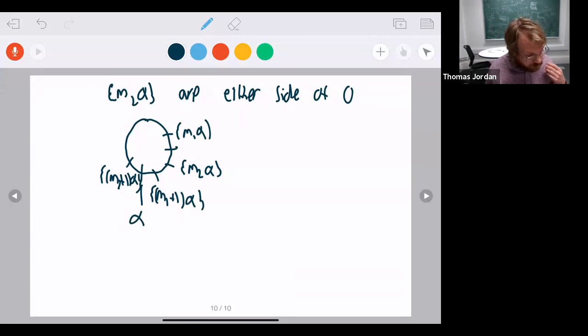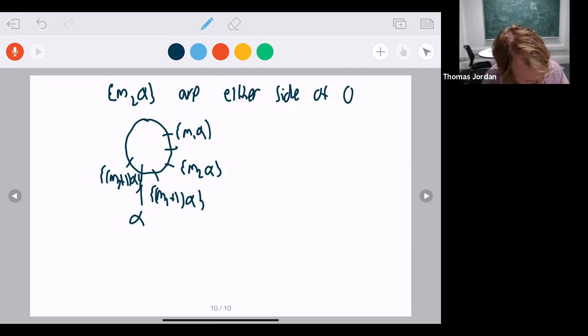So those are the two ways that if we have a pair of neighbors, then if you add 1 to both of them, we no longer get two neighbors. Either one of M1 or M2 is n, or they're either side of 0.